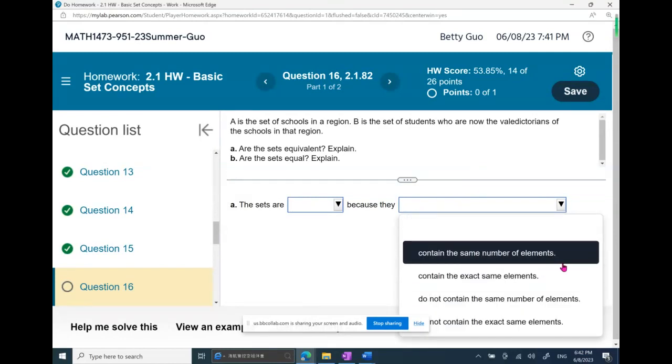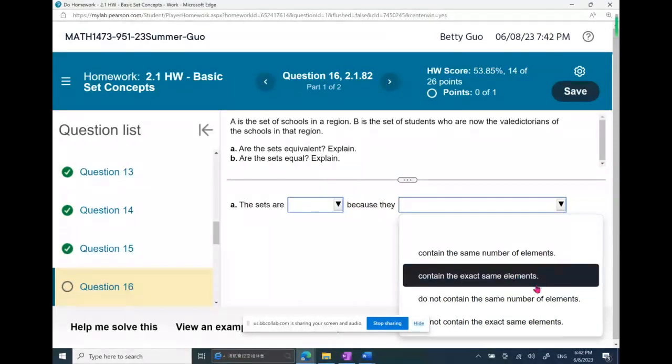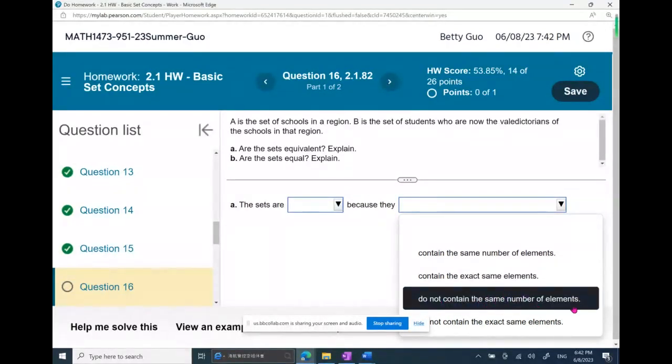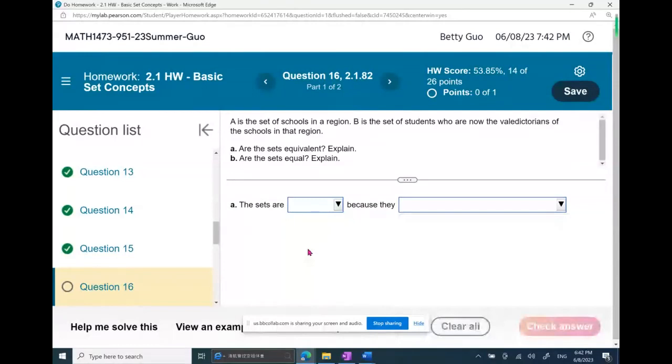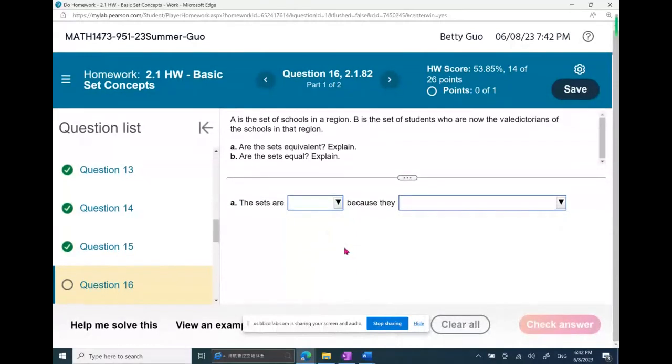Let's see. Contain the same number of elements, or contain the exact same elements. They do not contain the same number of elements. I think it would vary.